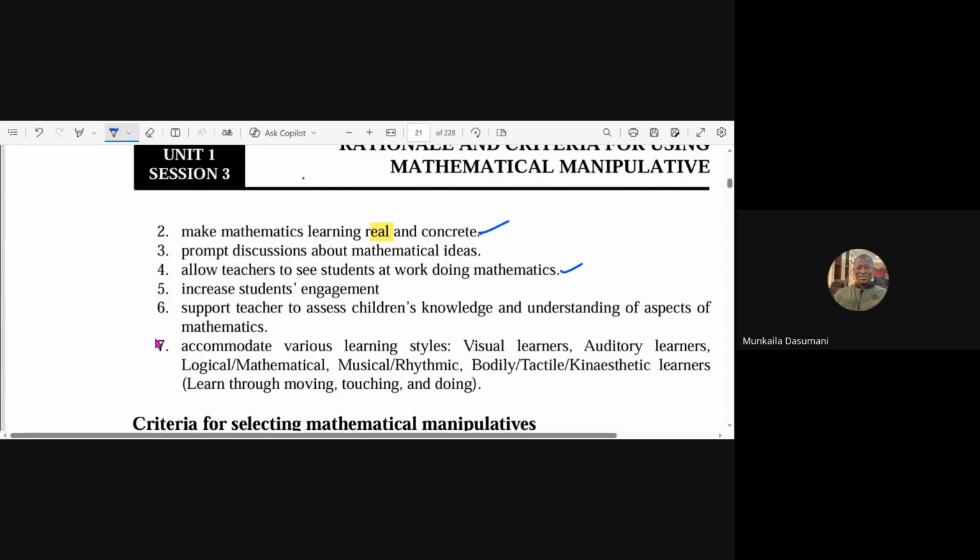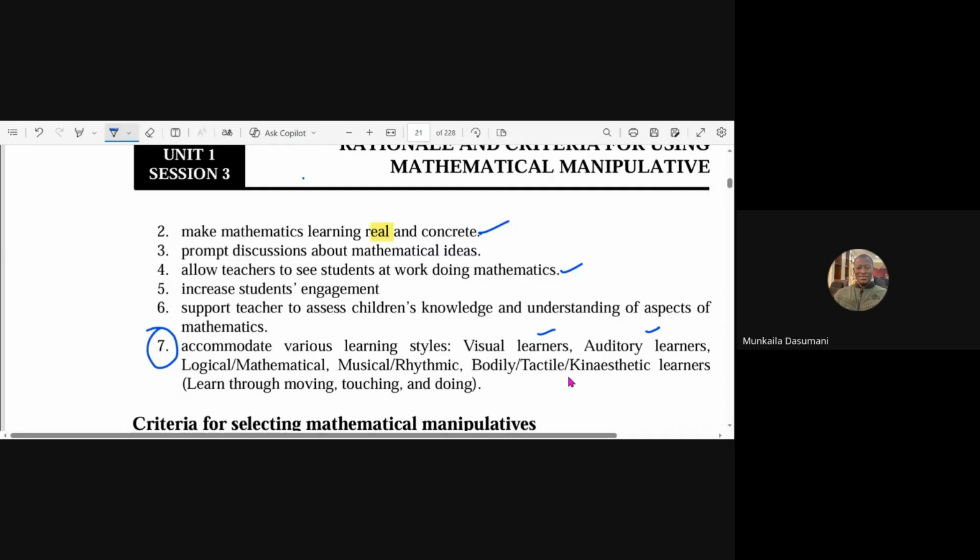If you have any difficulty in any point, let us know. But let me talk about this. Accommodate various learning styles. If you've forgotten about your learning styles, they are here. We talk about visual learners, auditory learners, logical or mathematical, musical or rhythmical, those who like music, and then bodily or kinesthetic learners.